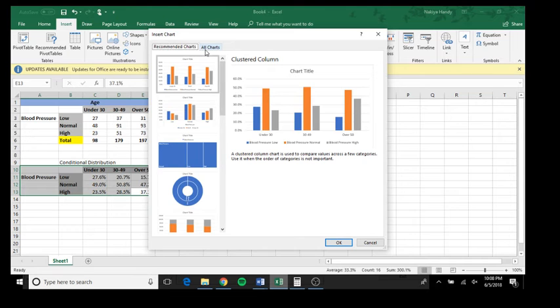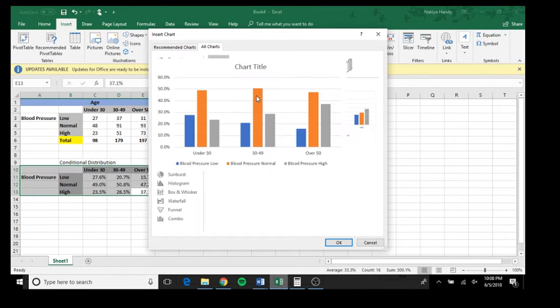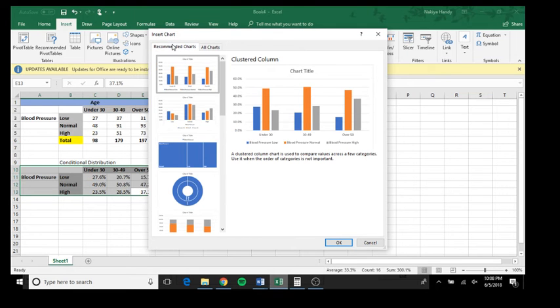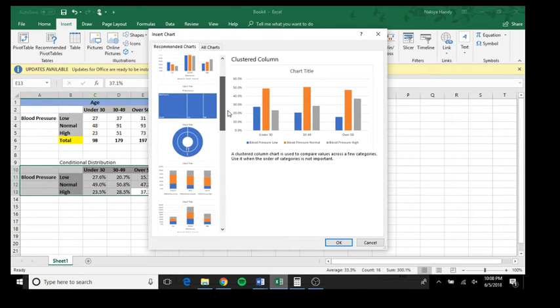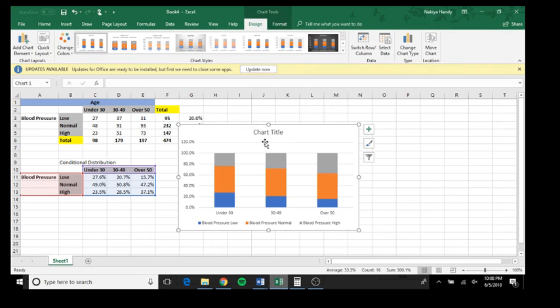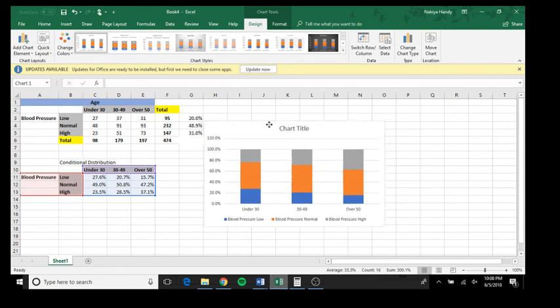I'm going to choose this chart because it explains it the best. So I'm going to click OK.